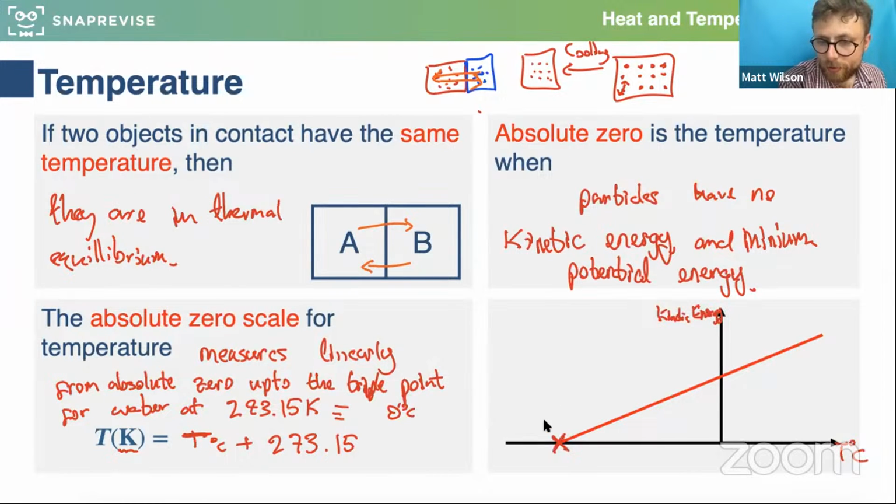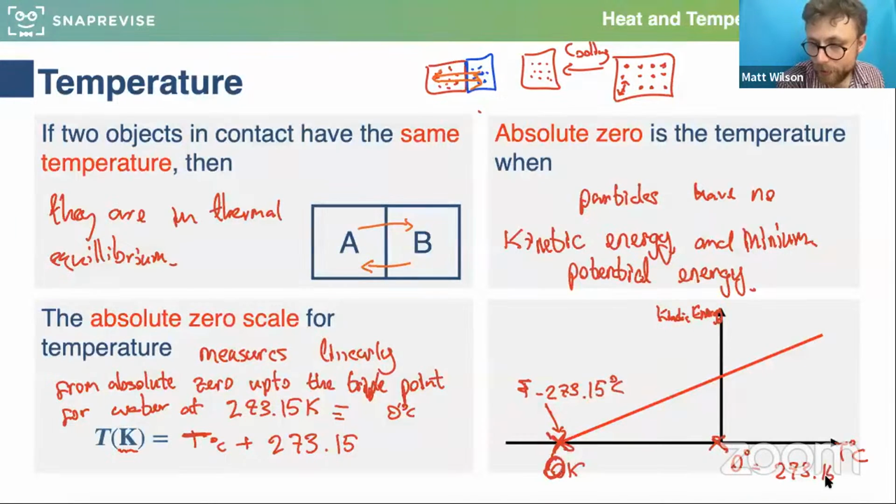And then the point was that we have 0 kinetic energy at a temperature of minus 273.15 degrees centigrade. And so that's what we call 0 kelvins. As a result, when we get to 0 degrees centigrade, what we're looking at is 273.15 kelvins.